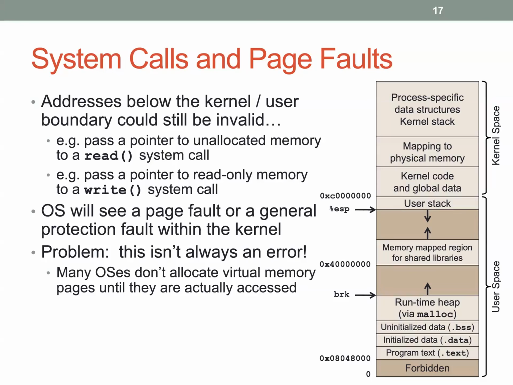There may be some prefetching the OS does for performance, but demand paging means I'm not going to give you a page frame for this address range until you start using the address range. The minute you access the address range, the kernel says, okay, here's a frame to put your data in, and then you can go ahead and read and write that address range. So the fault mechanism also may simply be normal.